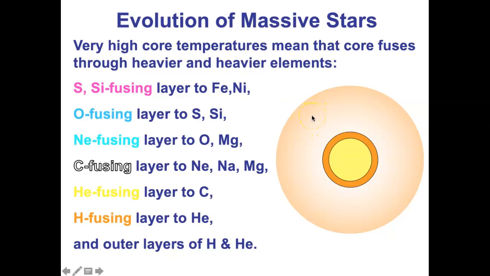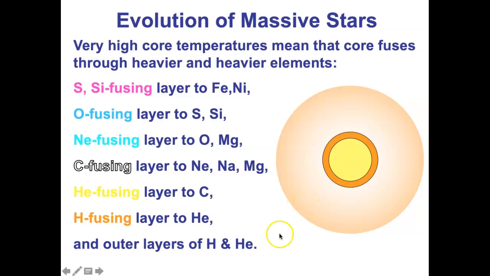And then the hydrogen runs out, and that helium core contracts down and heats up to 100 million Kelvin, and it starts fusing helium into carbon. And then you've got that shell of hydrogen burning right on top of that. So far, pretty much like a red giant, and a horizontal branch.